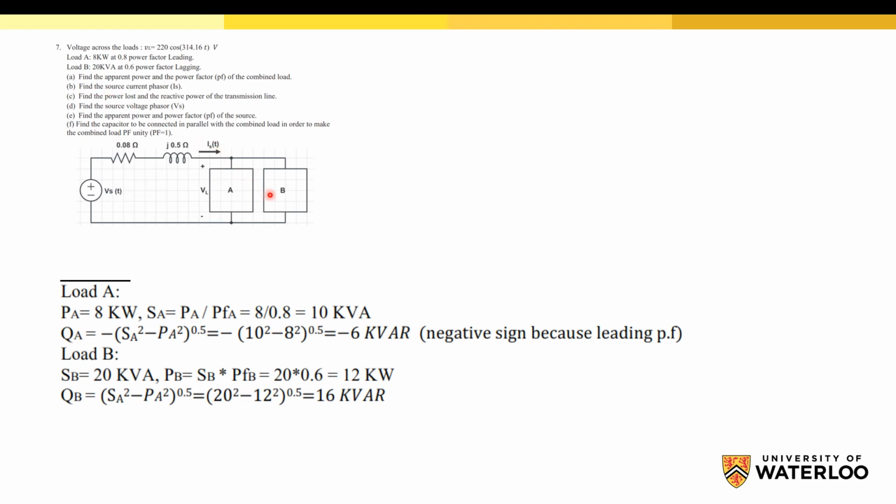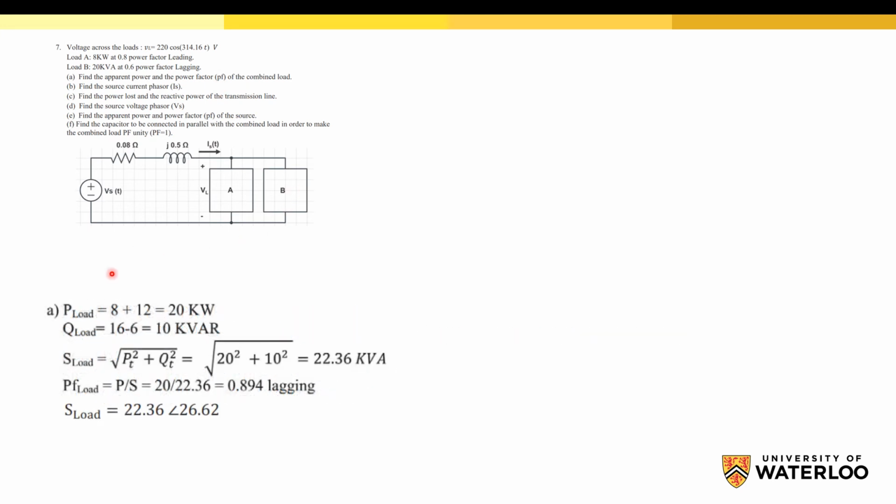For load B, we have S and the power factor, so we can calculate P and Q for this load. And then we can calculate the total value of S, so we can add P and Q, and then we can calculate the value of S and the power factor, which is P over S. So this is for part A.